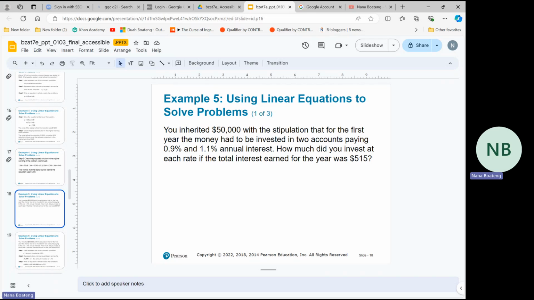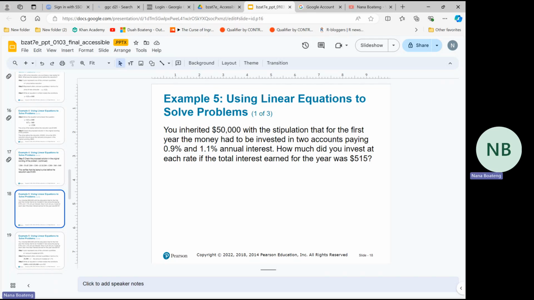It says you inherited $50,000 with a stipulation that for the first year, the money had to be invested in two accounts, paying 0.9% and 1.1% annual interest. How much did you invest at each rate if the total interest earned for the year was $515?